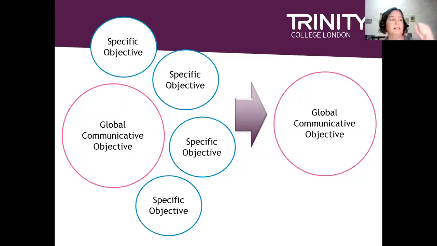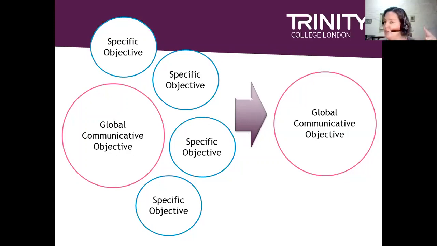My global communicative objective is that by the end of the lesson, one of the things that students will have to be able to do is describe their pet. You open up that global communicative objective, you unwrap the candy to find what is inside. And what do you have inside? The specific objectives. So for the global communicative objective, describe a pet, which are the specific objectives? Well, one of them is learning vocabulary related to pet names.